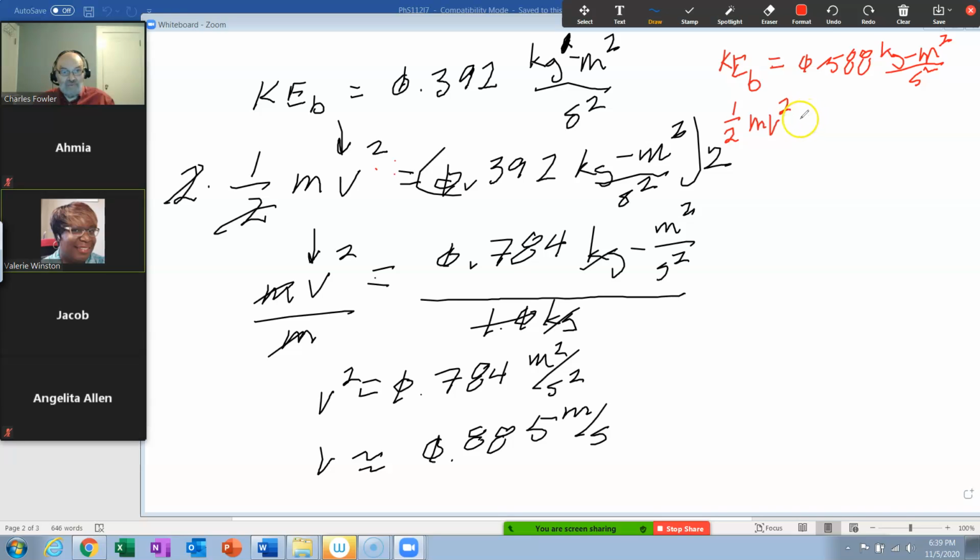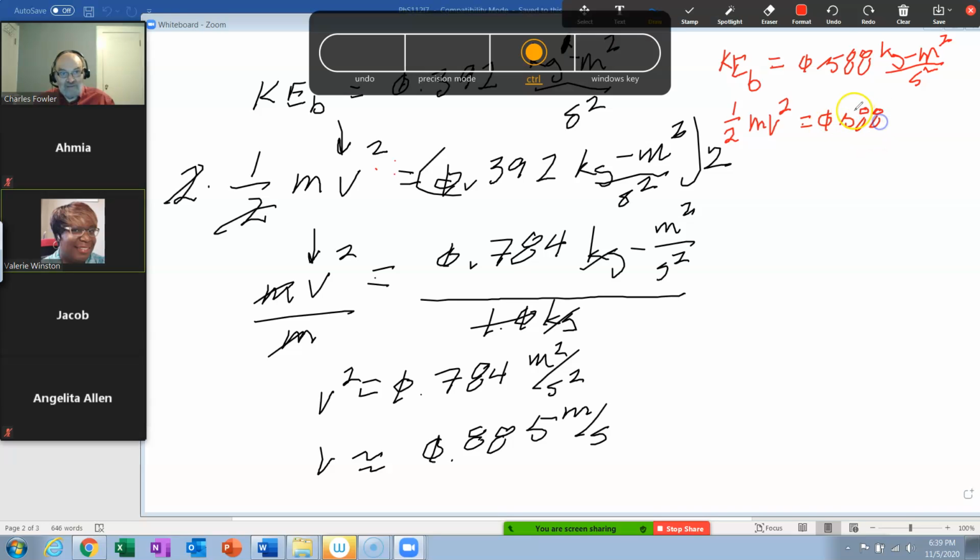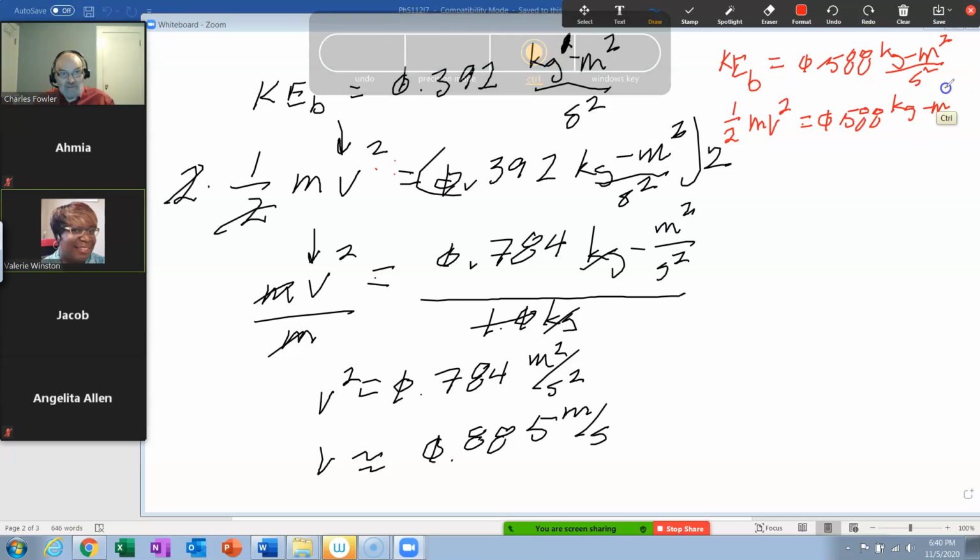So what we're going to do, I'm going to write it down again, equals 0.588 kilogram meter squared per second squared. Okay, first thing we're going to do is multiply both sides by 2.